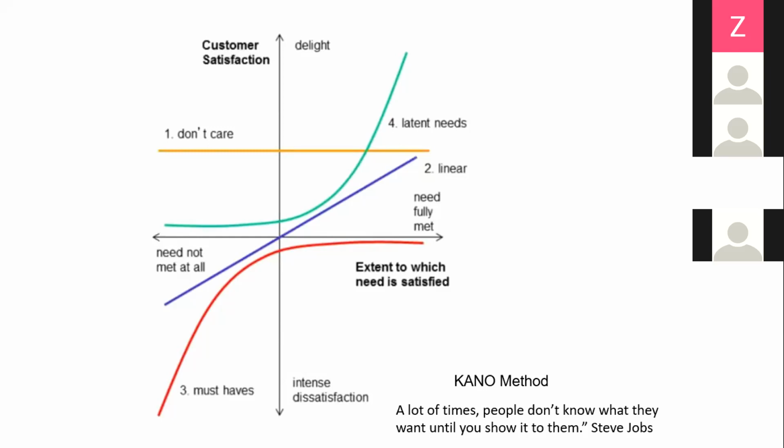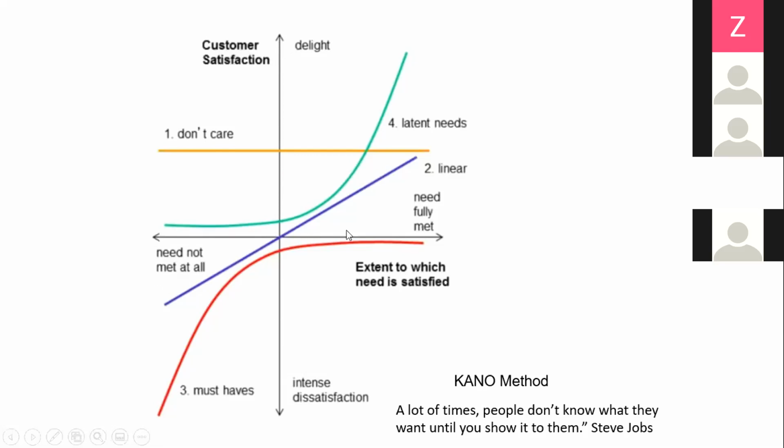Now, this is the Kano method, and you can see that the Kano method has various modifications. If you Google this, you will get many images of the Kano method, and some will be different from the other. Now, basically, there are the y-axis and the x-axis.